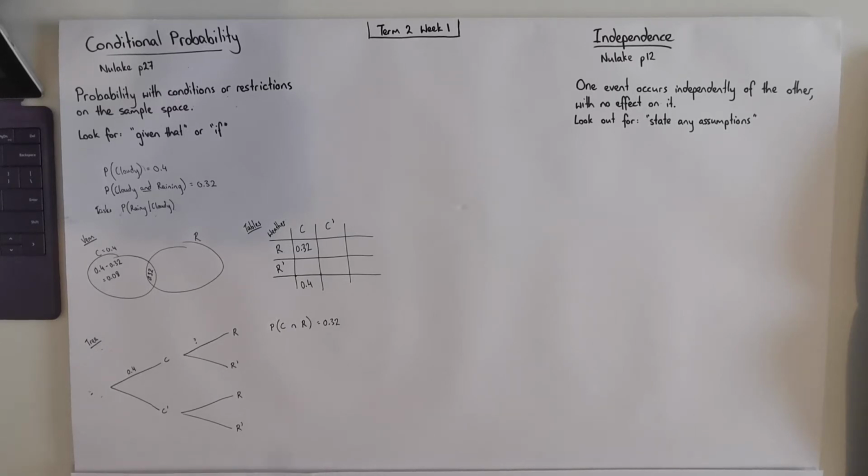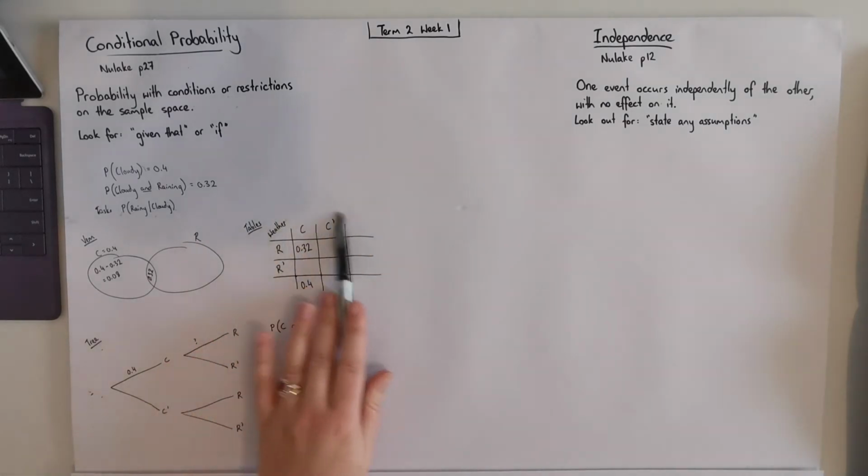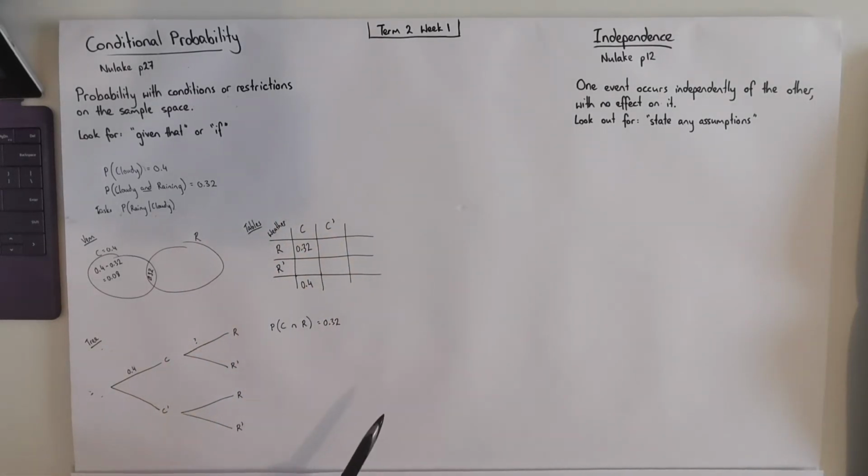Now we can work with our conditional probability. This is, of course, on your formula sheet. I will get to that in a moment. Looking at your 3 diagrams, work with what is comfortable for you. I said that tables are often the most comfortable, so I'll start with that.